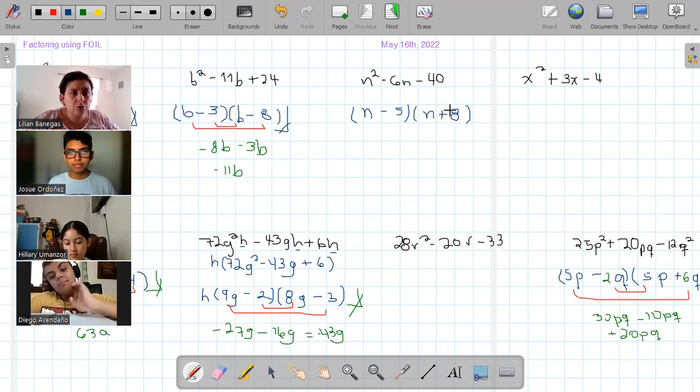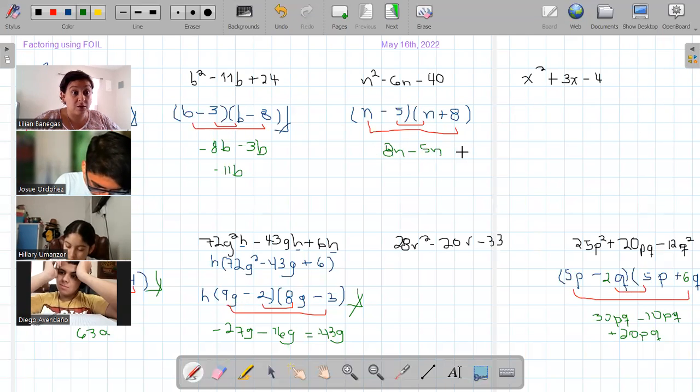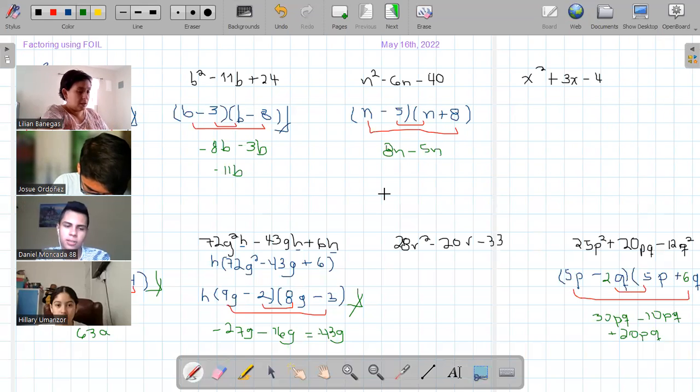And now we're going to multiply using FOIL the first with the last and the inner with the outer. n times 8 will be 8n. -5 times n, -5n. 8n minus 5n, positive 3n.